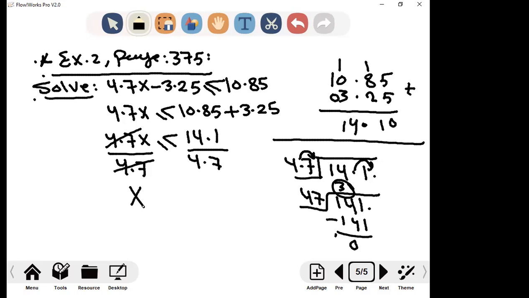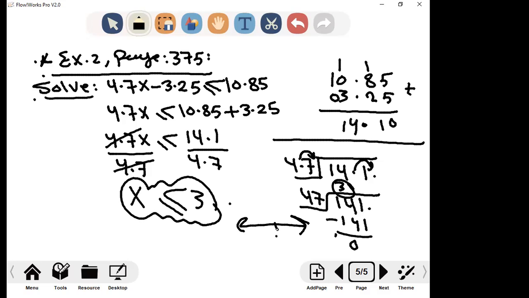So x less than or equal 3. For sure you can graph it. This is the 3 closed circle and less than or equal to the left. Get it, guys? This is example 2, page 375.